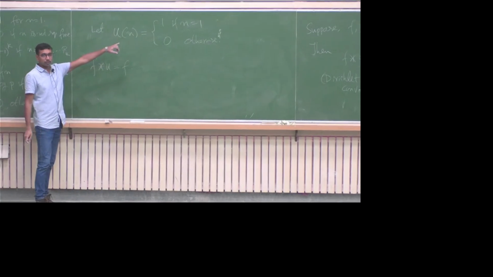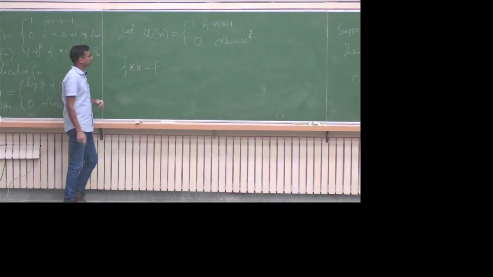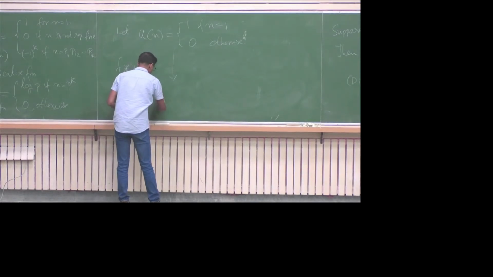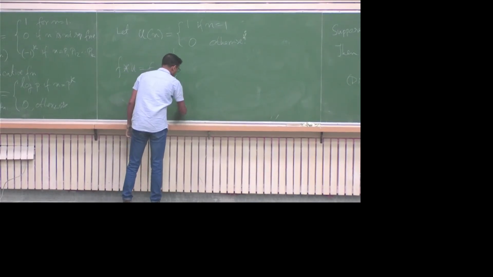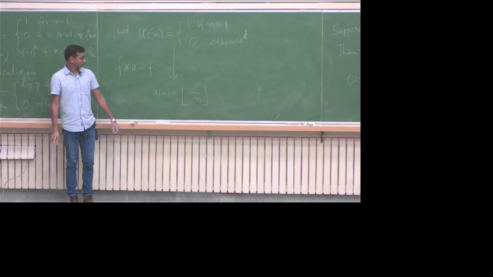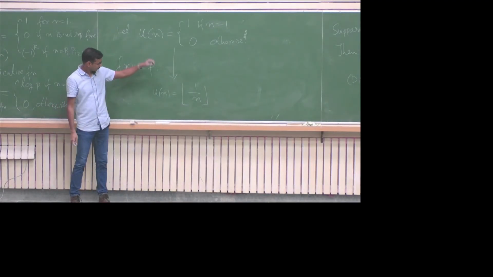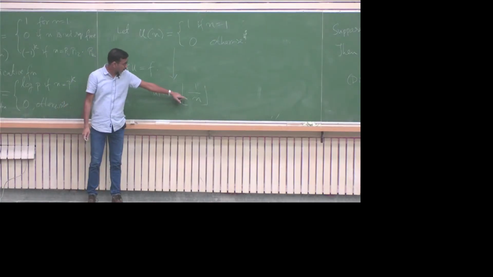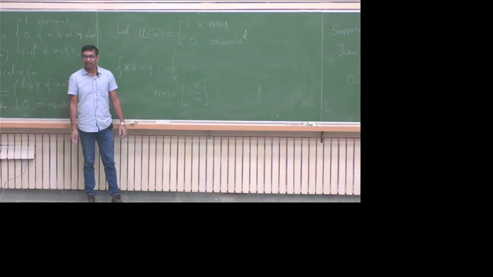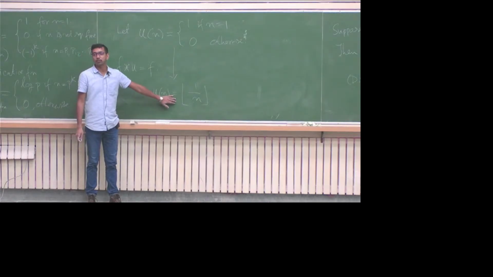This function you can also write as u of n equals the floor of 1 by n. You see? Because for n equal to 1 it is giving you 1, and for everything else it is just 0. So this is the identity function of convolution.